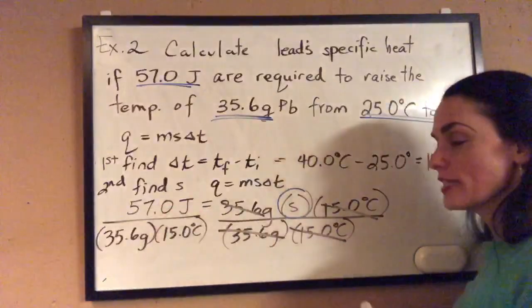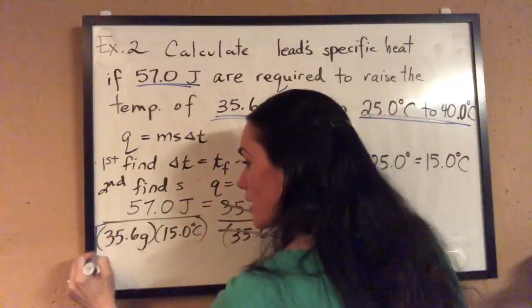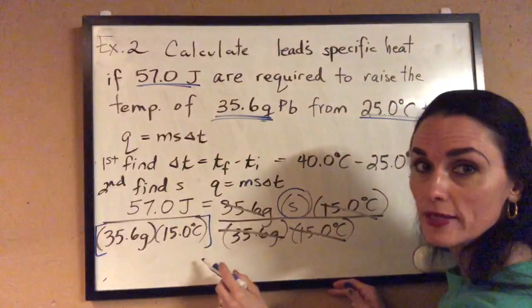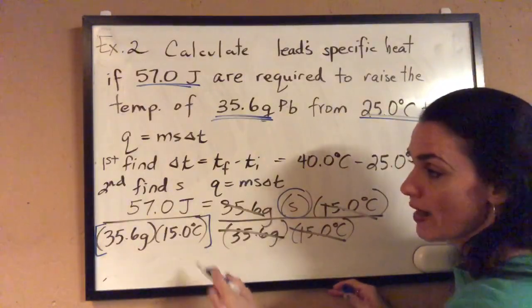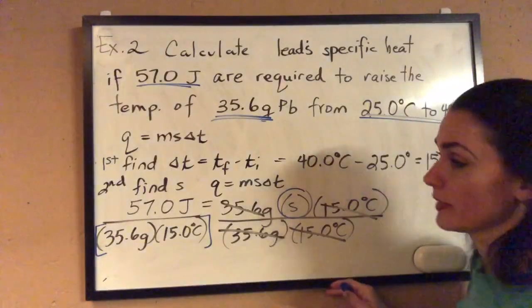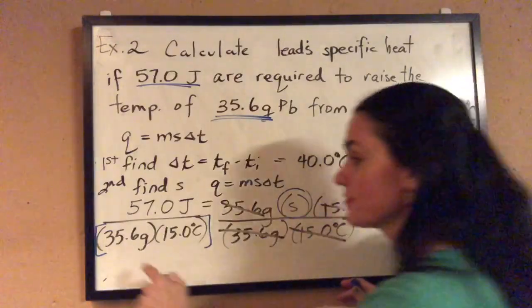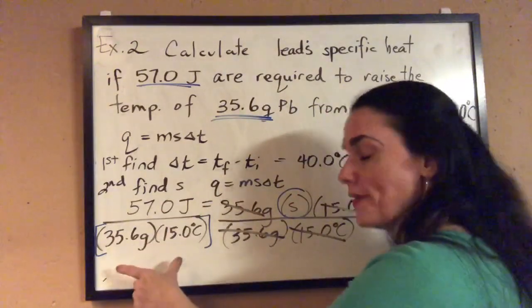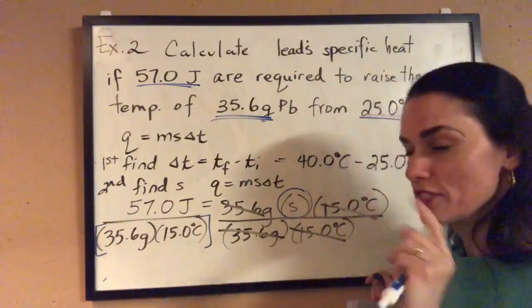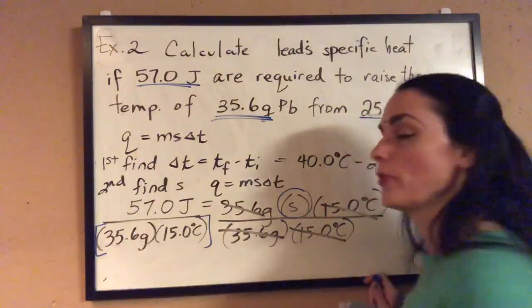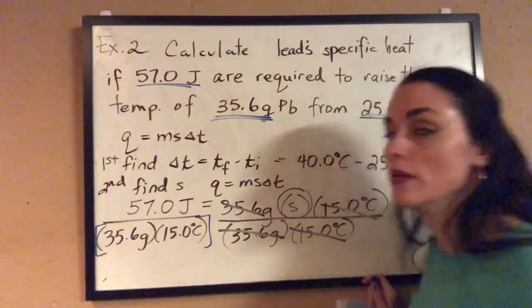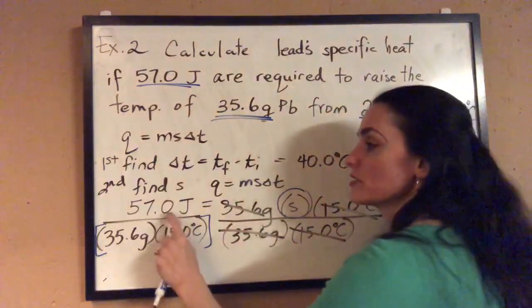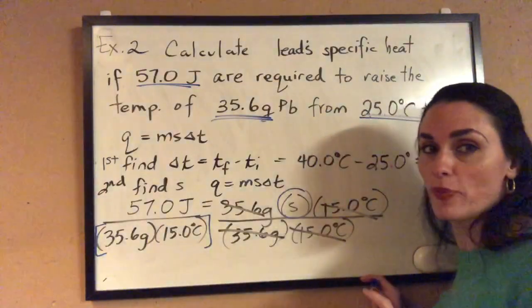So you do 57 divided by the product of 35.6 times 15. See where I have the brackets in blue there? You have to tell your calculator that you want to take 57 and divide it by this product. Don't just assume that your calculator is going to know that. If you do 57 division 35.6 times 15, you may not come out with the right answer, because your calculator may just divide 57 by 35.6.